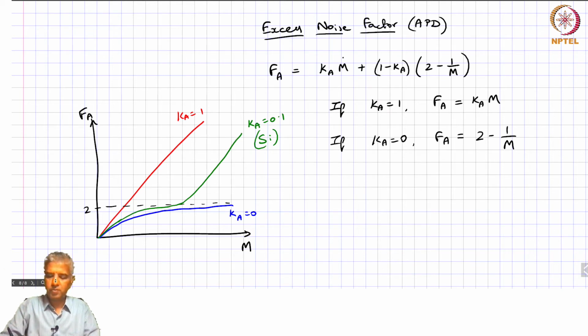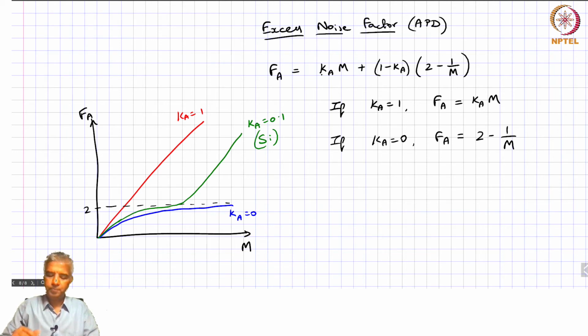Essentially, the first term starts dominating beyond a certain value of m. For lower values of m, this term is dominating. For higher values of m, this term is dominating. And when you go to this regime where this term is dominating, then you lose all the benefits of using your APD.